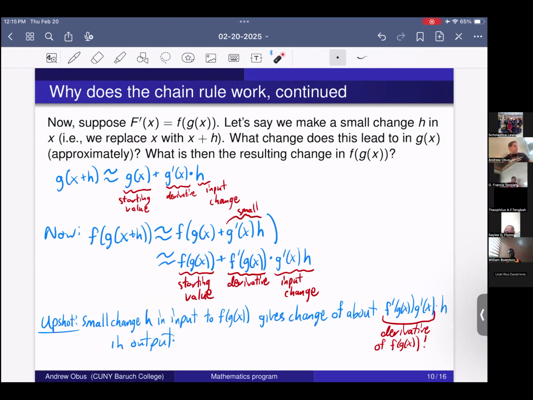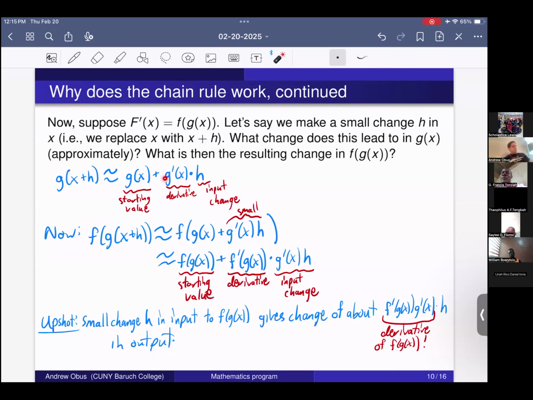Basically, you can think of it as if you make a small change in x, that gets magnified by a factor of g prime of x in terms of what kind of change it creates in g, and then that gets further magnified by a factor of f prime of g of x in terms of what kind of change it makes in f of g. So each function throws on a new magnifying factor.